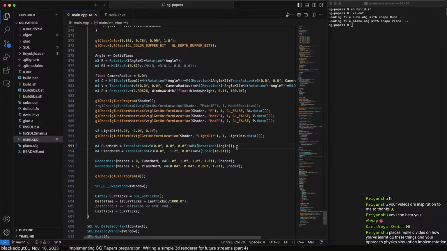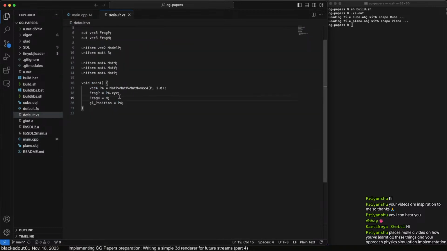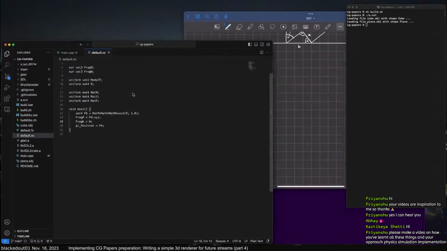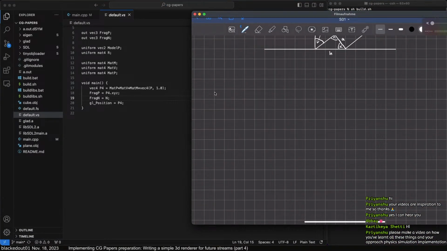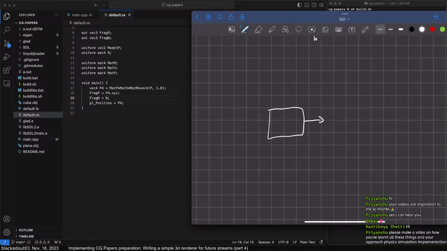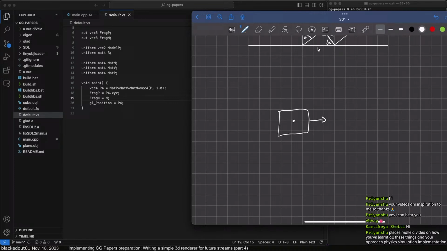And usually, since the normal vector, well, if we have this cube here, and we have the normal vector of one side, basically when we translate the cube, so for example, if we move the origin of the cube to another position, we don't want to move the normal vector in the same way.